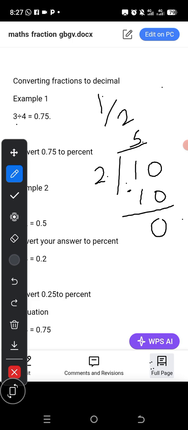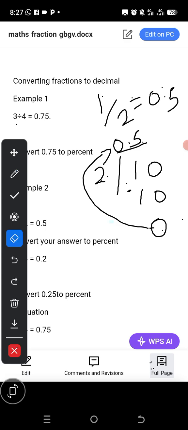You have 0. Since you have 0, you don't need to divide any further. Then you can bring the decimal point up here and get 0.5. So 1 divided by 2 is equal to 0.5. That's the final answer.